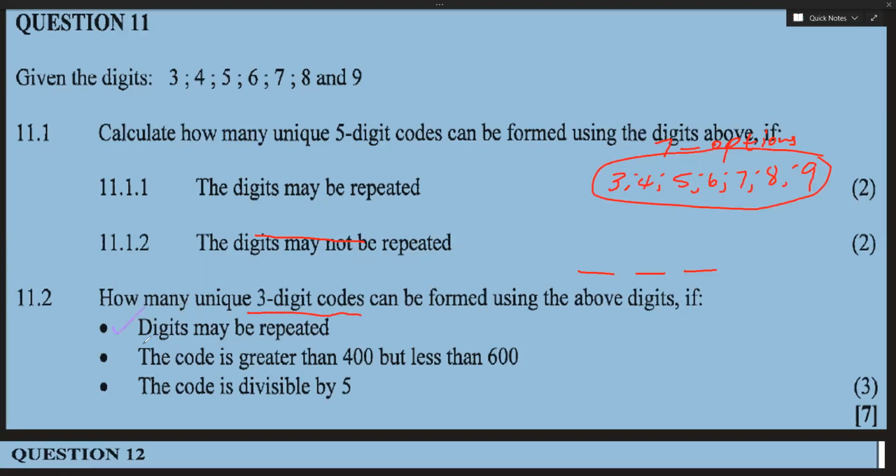The code is greater than 4,000, but less than 6,000, so it can only start with 4 or 5. Then the code is divisible by 5. So for it to be divisible by 5, it must end with a 5 or a 0. But in this case, we only have a 5.